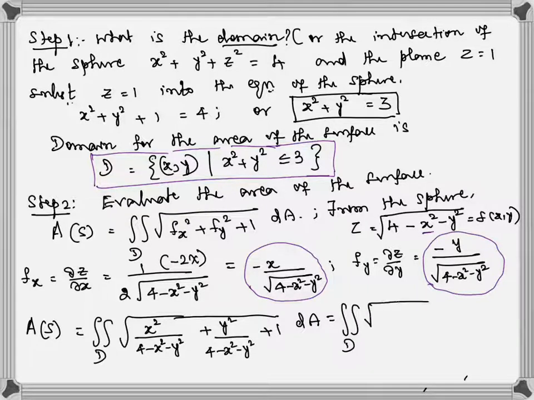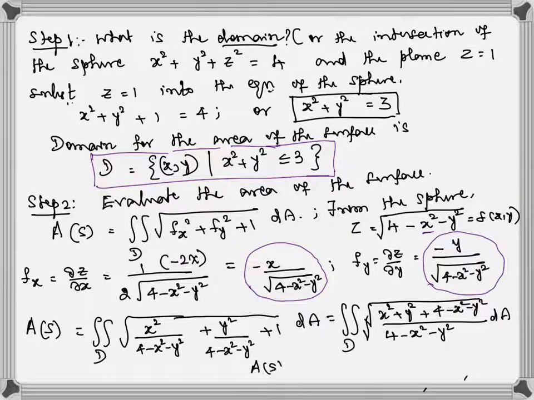Simplifying, we get double integral over D square root of x square plus y square plus 4 minus x square minus y square, all divided by 4 minus x square minus y square, everything within the radical, dA.